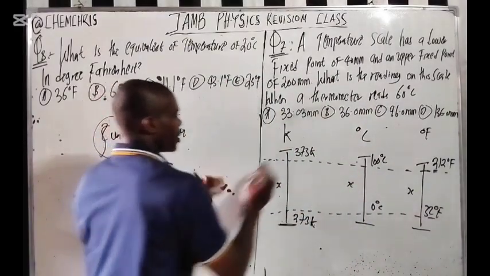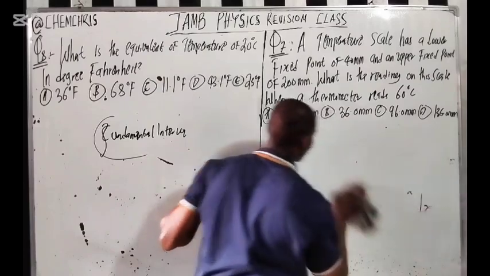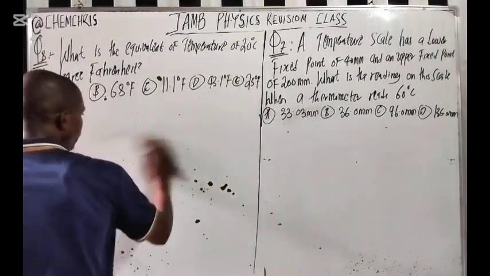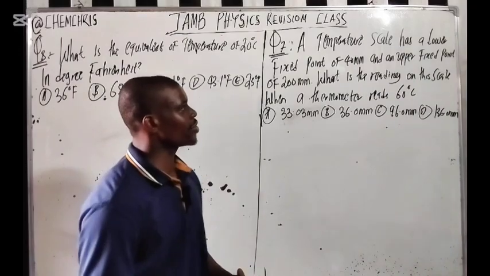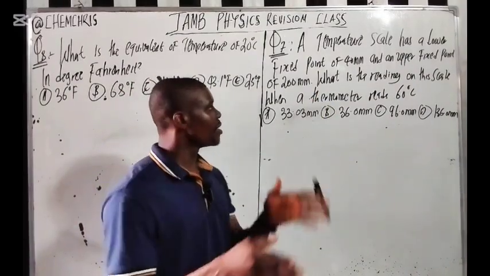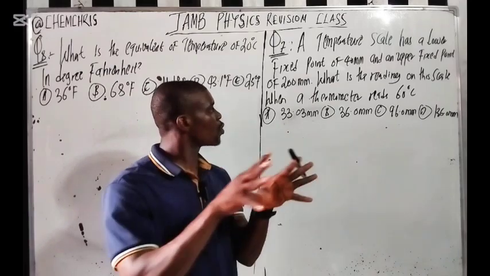So let's solve these two questions. Look at this one. A temperature scale has a lower fixed point of 40 millimeter and an upper fixed point of 200 millimeter.